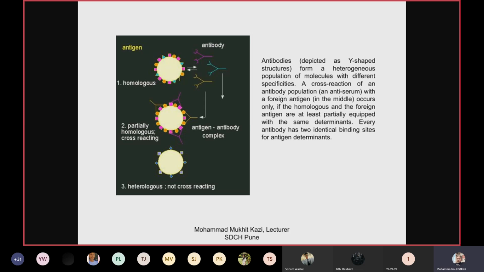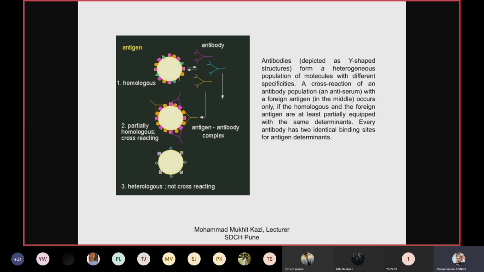So these antibodies will bind to that specific antigen only when there is homology between antigen and antibody. That is homologous. It means both the antigen and antibody are very specific to each other.